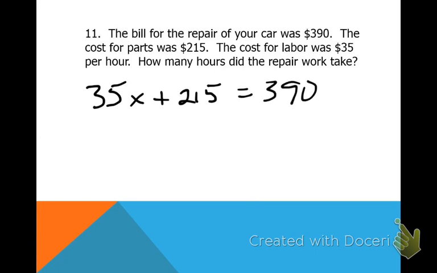Perfect. Only I don't know what in the heck X is.